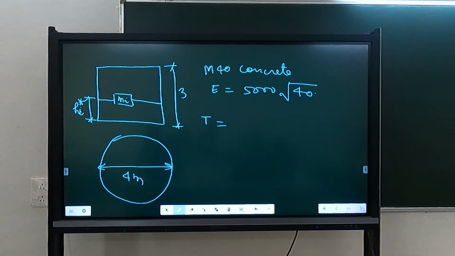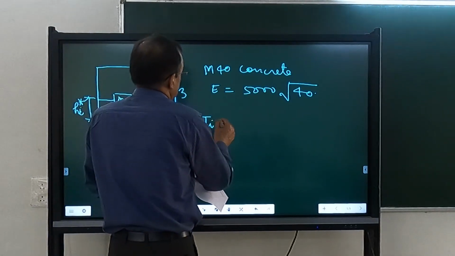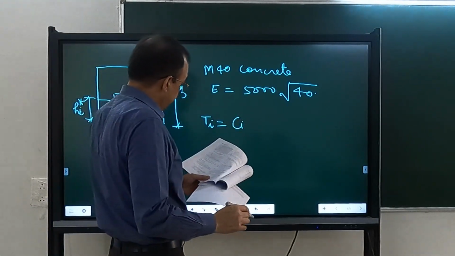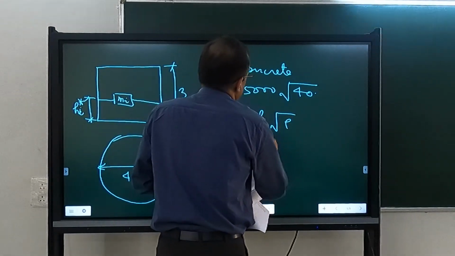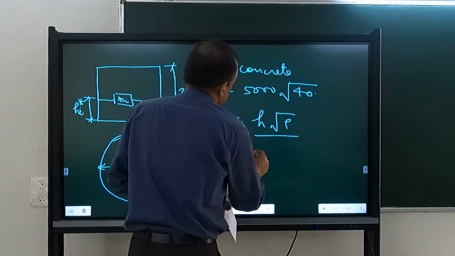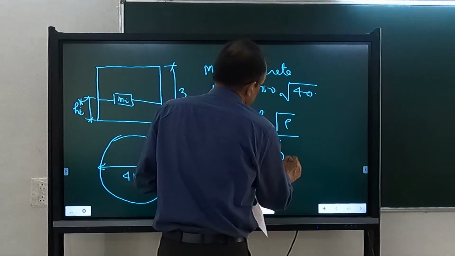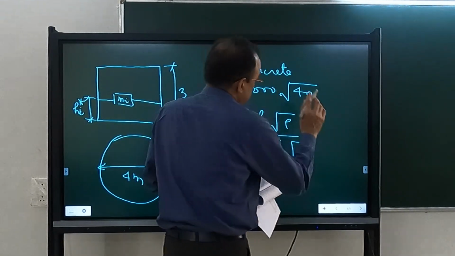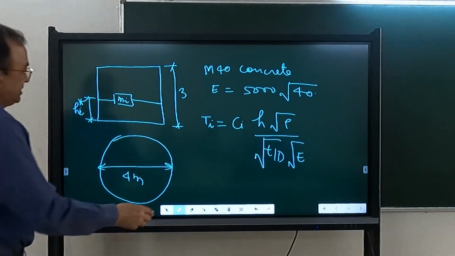For TI, CI, H square rho, AYD. Okay. All right up to this point. Then you can calculate AHI.